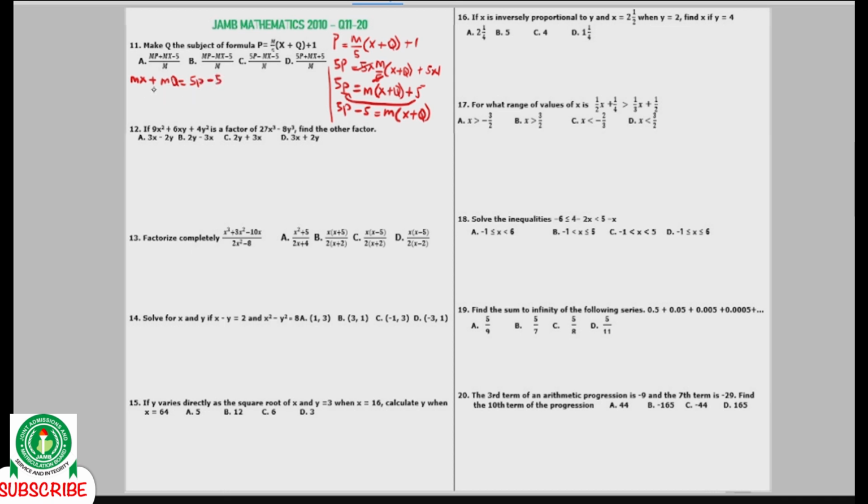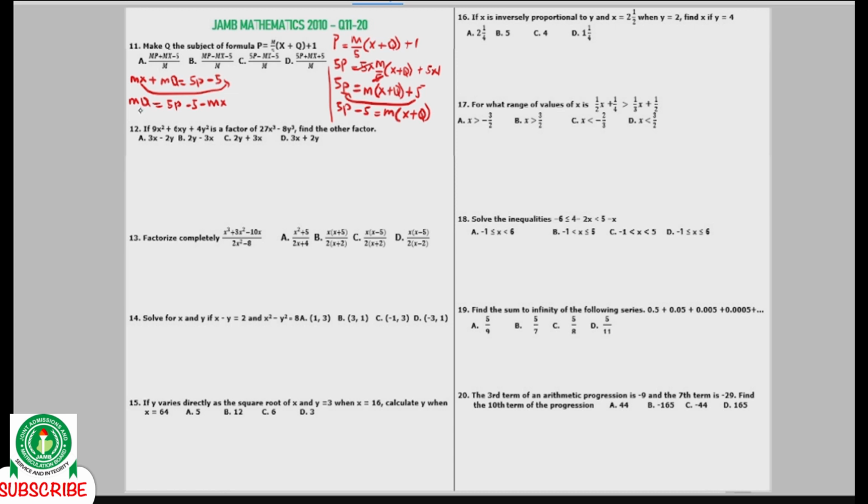Now the next thing is to transfer this one to the other side so that we can have Mq here. So Mq equal to 5p minus 5 minus Mx.